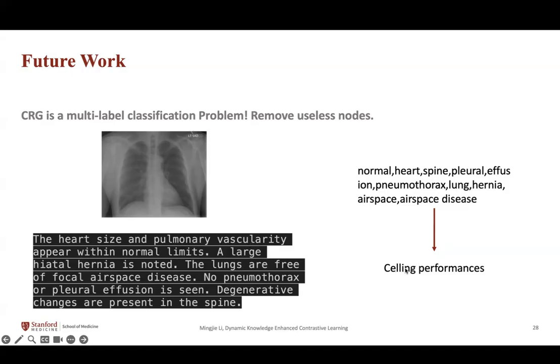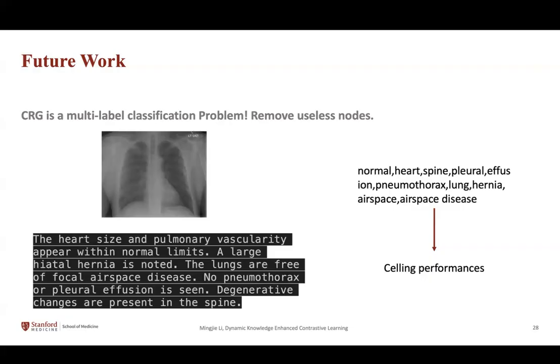And we found it achieves a very promising performance. It almost outperforms all the current report generation methods, nearly doubling their performance metric values. So it's a very interesting finding, and we are trying to make it work right now.